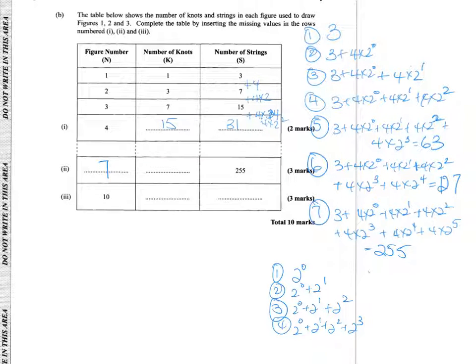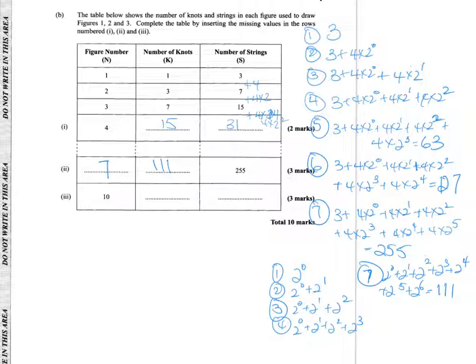So therefore for figure 7, notice we're going up to just 1 less. So for figure 7, it will be 2 to the power 0 plus 2 to the power 1 plus 2 squared plus 2 cubed plus 2 to the power 4 plus 2 to the power 5 plus 2 to the power 6, and we would end there and see what answer we got. And that gives us 111.